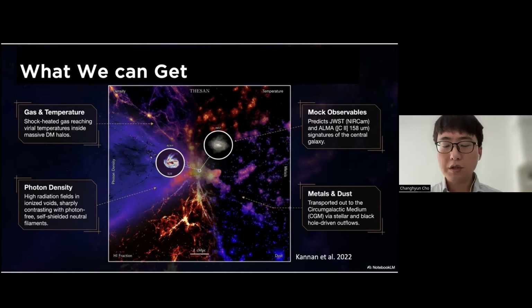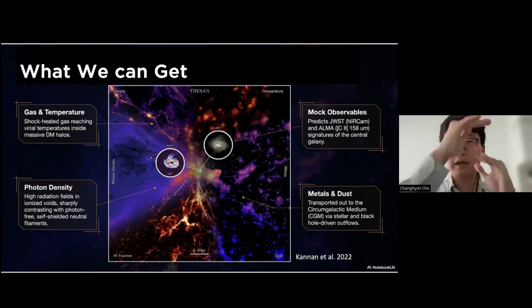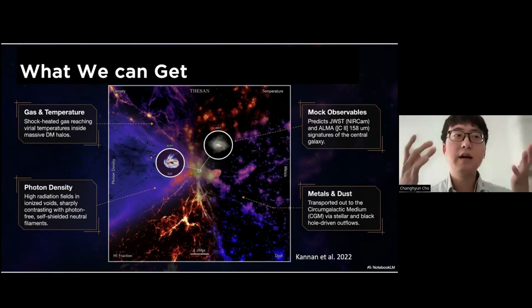Or if you are studying optical surveys or things like emission line statistics, then maybe you can consider using our mock observations, because we can also simulate emission lines like H alpha, H beta, and O III, O II.